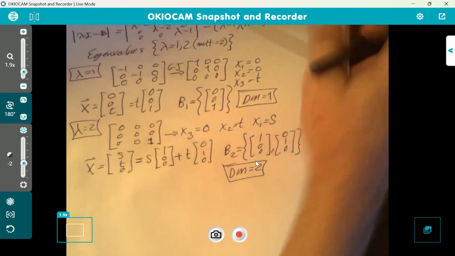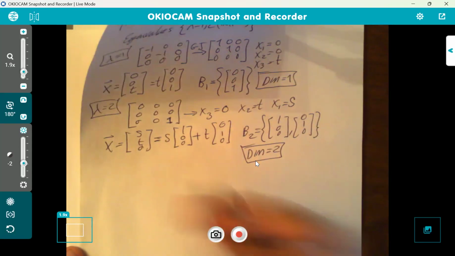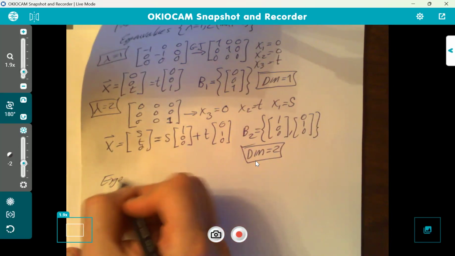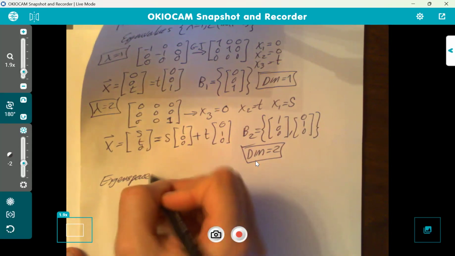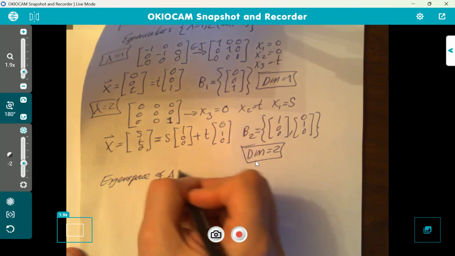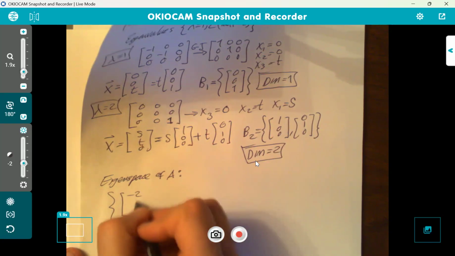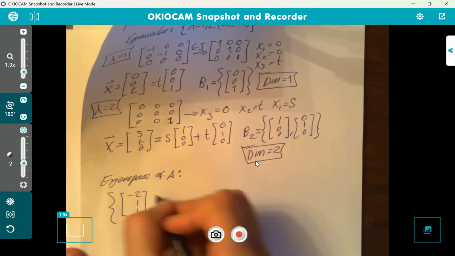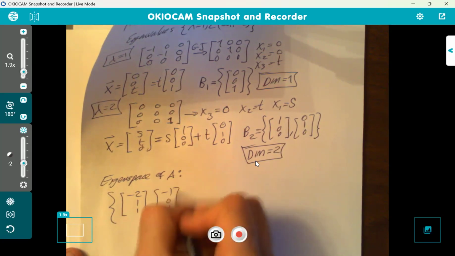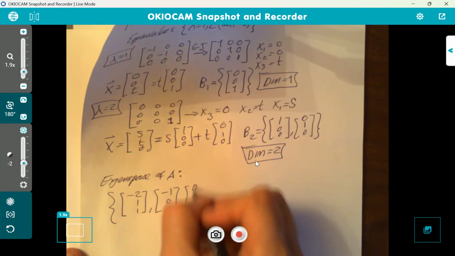Now, let me put these side by side for you. Earlier, we said the eigenspace of A were these. It turned out to be negative 2, 1, 1, and negative 1, 0, 1, and 0, 1, 0.